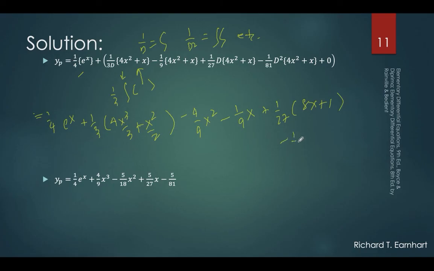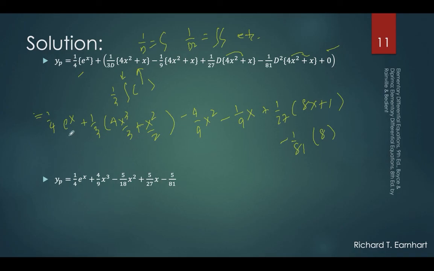And then the other one is negative 1 over 81, the second derivative of this. So the derivative of 8x plus 1 is the second derivative, so 8 multiplied by 8. And then the derivative of 1, of course, will be 0. So we only consider up to D squared. The remaining terms will be 0.